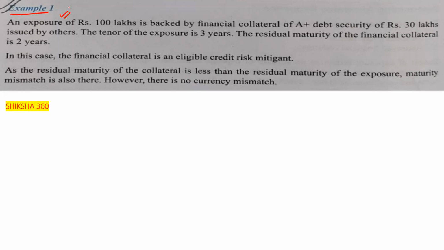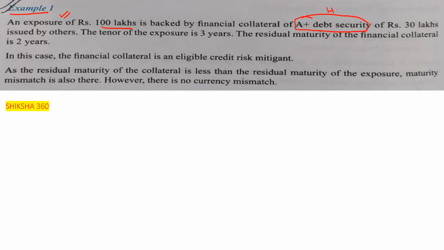Now here we will try to discuss the example to understand the concept more. So here what they are saying is that an exposure of rupees 100 lakh is backed by a financial collateral, that is collateral of A plus debt security.